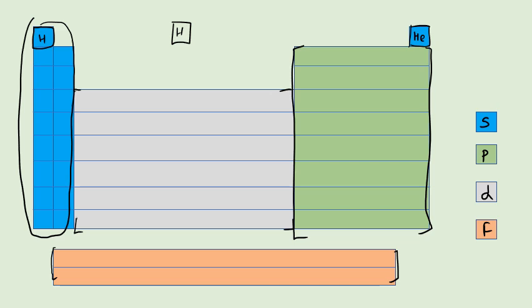Now, how we determine what block something is in is the electron configuration. So if you remember, when we looked at electron configuration last term, we no longer used, for example, at GCSE, the electron configuration for carbon. Carbon had 6 electrons. We would just say the electron configuration was 2, 4.